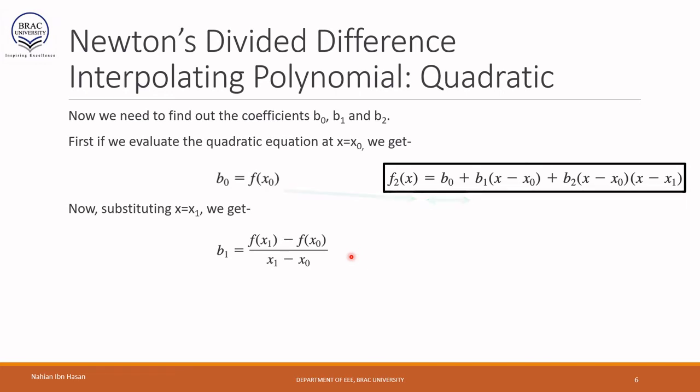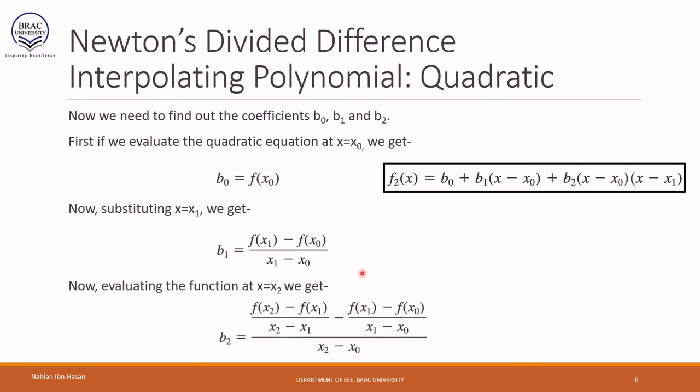Last of all, we need to have the value of b2. Since we have already said this is a quadratic interpolating polynomial, we need to have 3 data points. So for x equal to x0, we have found the b0 coefficient. For the second data point x equal to x1, we have found the value of b1. Similarly, applying the third data point x equal to x2, we can get the value of b2.